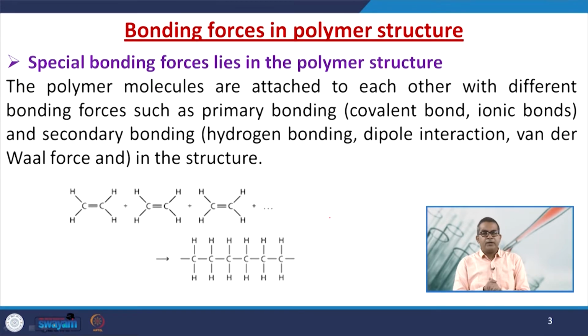Before we go into detail, I would like to give you a brief introduction about the importance of bonding. If you recall, in the previous lectures we discussed different types of polymers, copolymer, graft polymer and different schemes, especially the different applications of polymeric systems, from flexible systems to high impact resistance systems.